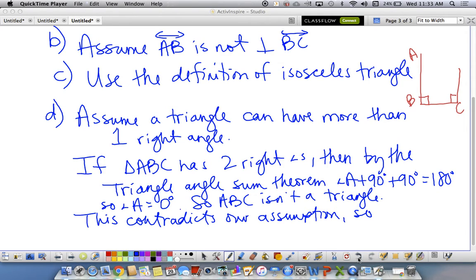So, what do we wanted to prove? So, a triangle, what does it say, can have at most, the wording they use? At most, one right angle.